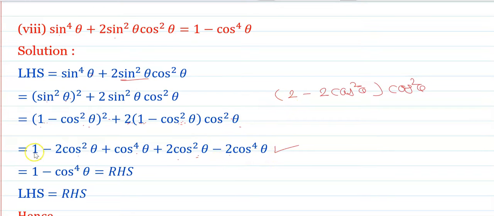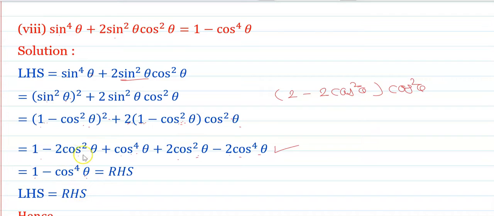Now here 1 is as it is, cos theta raised to 4 plus cos theta raised to 4 and minus 2 cos theta raised to 4, then you will get cos theta raised to 4. Okay, हा plus 1 आहे आणि हा minus 2 आहे, then you will get minus cos theta raised to 4.